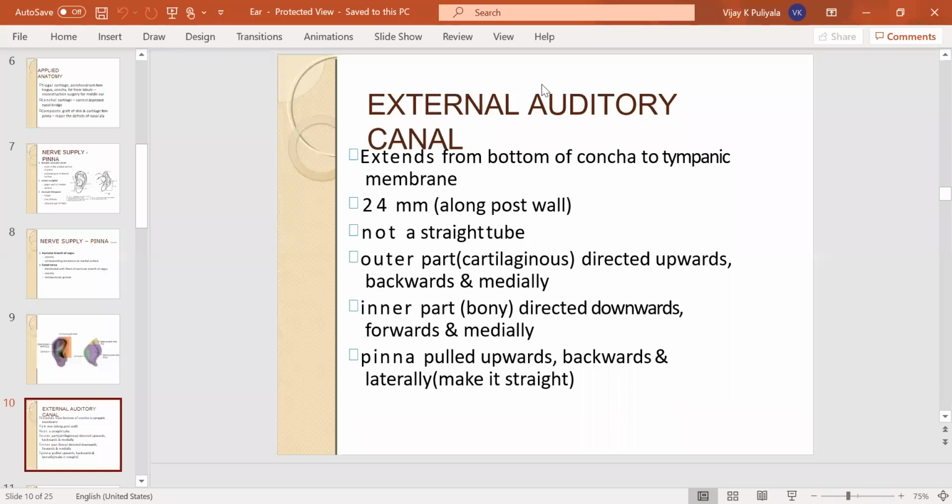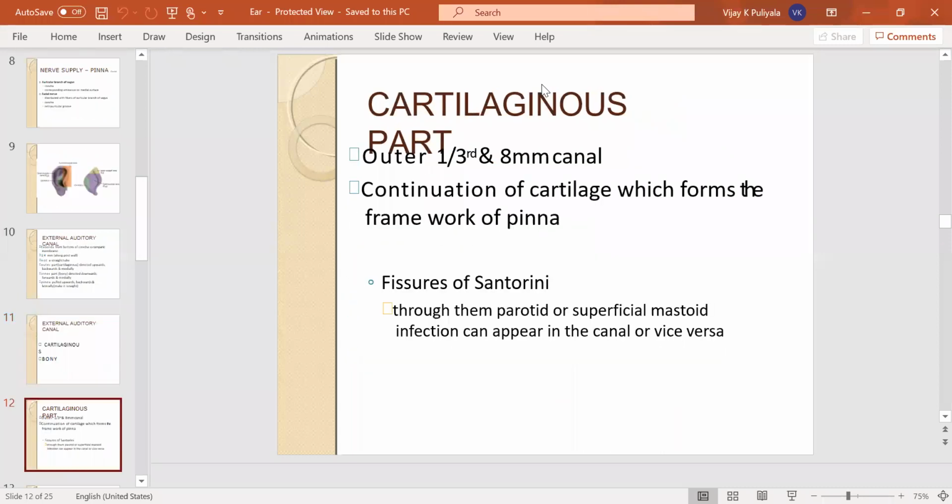The external acoustic canal is like an S shape. The pars externa is first directed upwards, forwards, and medially. All are towards the medial side.